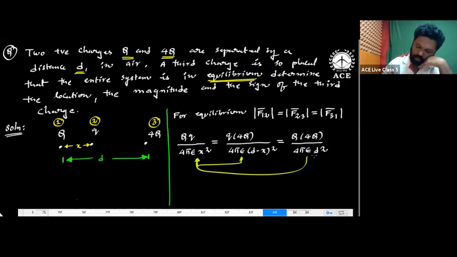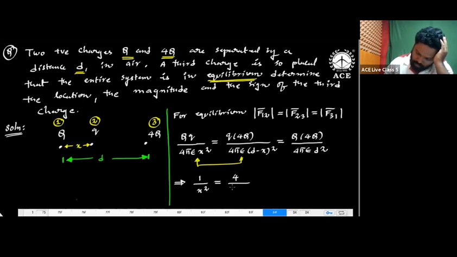Next I'll equate these two things. First, if I equate those two, what am I going to get? 1 by x square is equal to 4 divided by (d minus x) square. Let us take the cross product here.